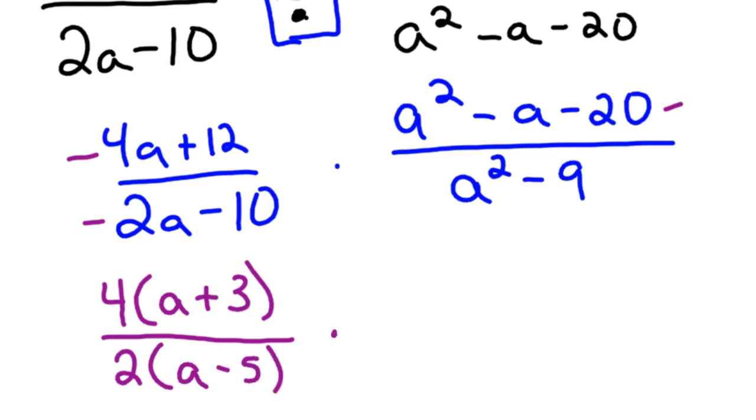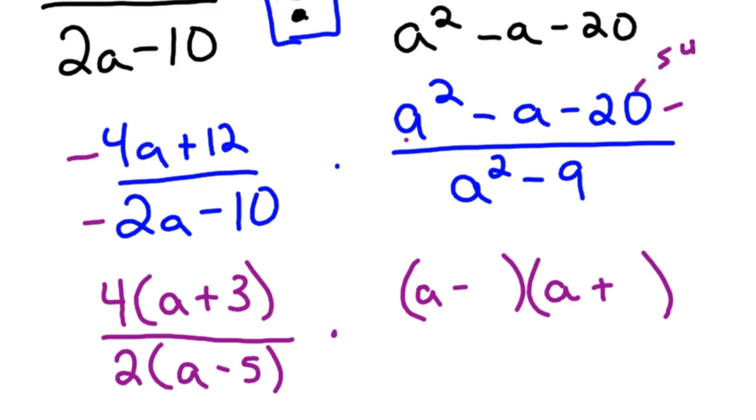Now, a squared minus a minus 20. Again, I'm going to factor this kind of quickly, but you might try some factoring methods and play around with it a little bit. I'm just going to use my memorized guess and check method. Minus minus is a minus plus. A squared here breaks into a and a. 20 breaks into 5 and 4.